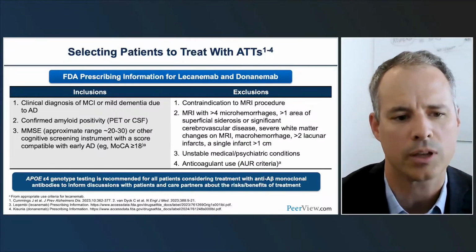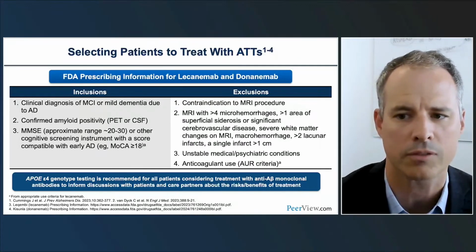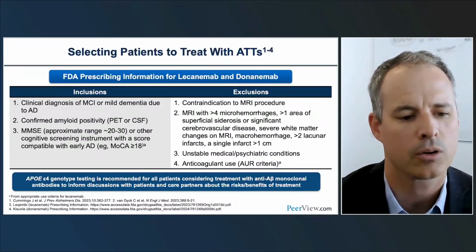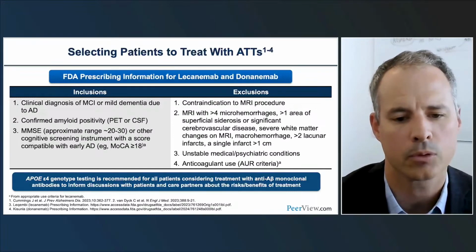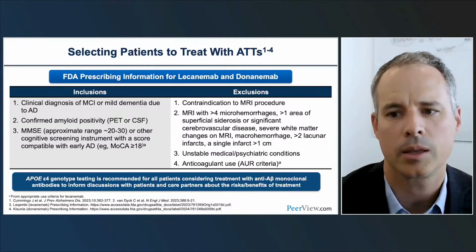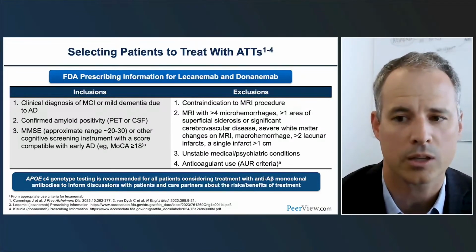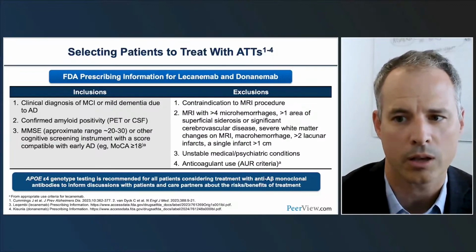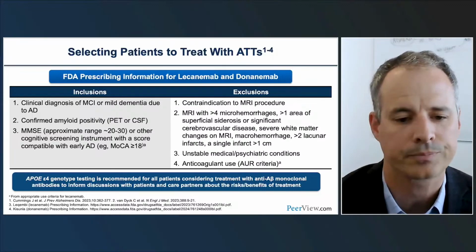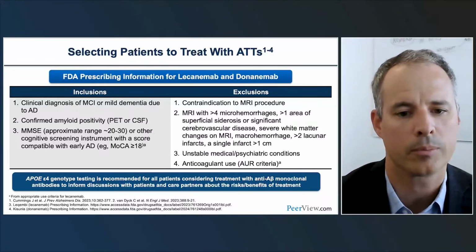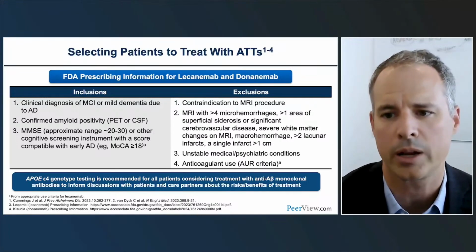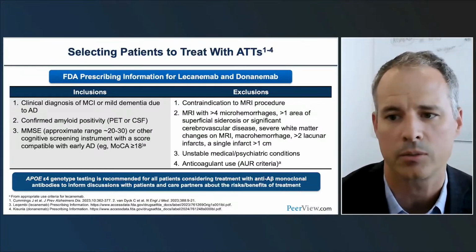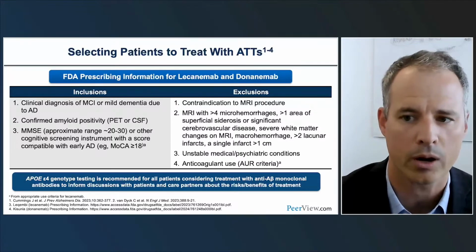Anticoagulation use is not a hard exclusion criteria according to the FDA, but it was included in the appropriate use criteria paper that was recently published. It's important to note that anticoagulation use is not associated with an increased risk of ARIA according to the Clarity AD trial, but some of the bad outcomes, the patients that had these rare, severe outcomes, such as macrohemorrhage, were often on anticoagulants, which has prompted people to be wary of anticoagulation.